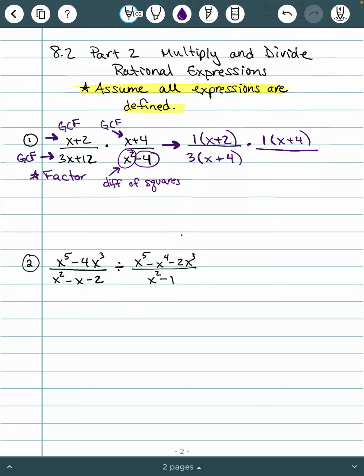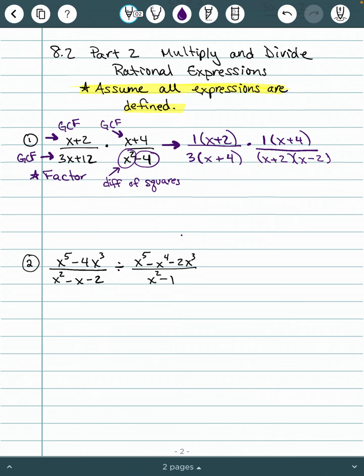And what you do is you take the square root of each part. So the square root of x squared is x, and the square root of 4 is 2, so we get x plus 2 and x minus 2.